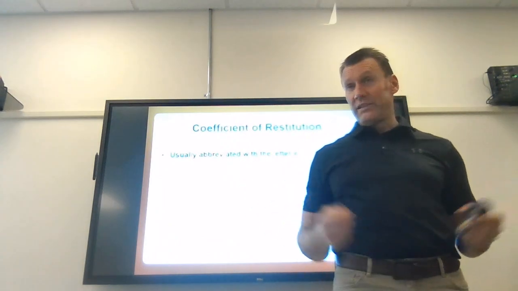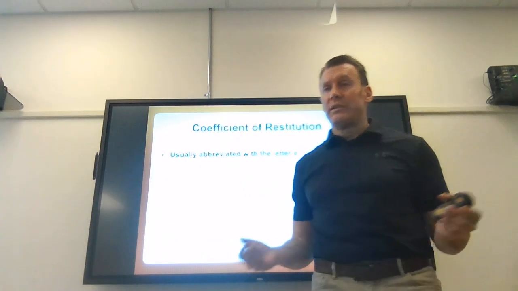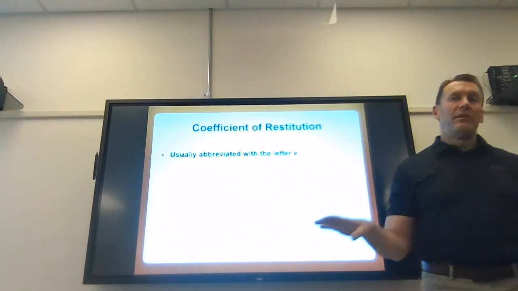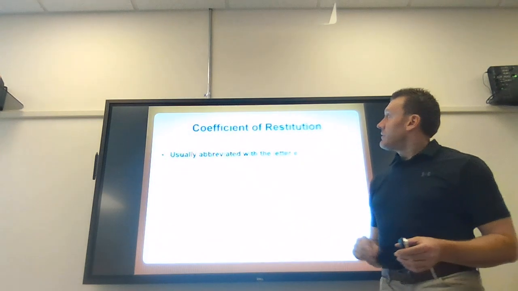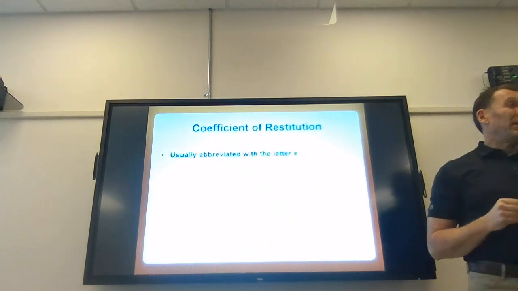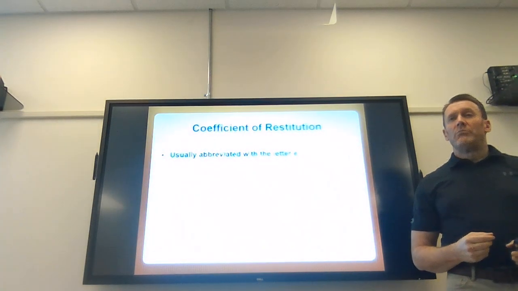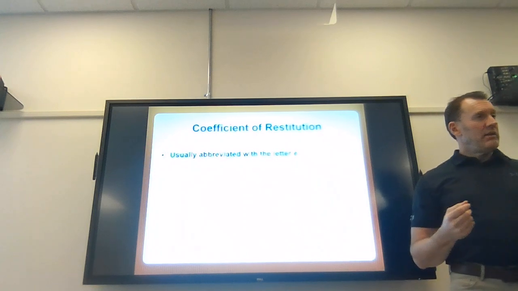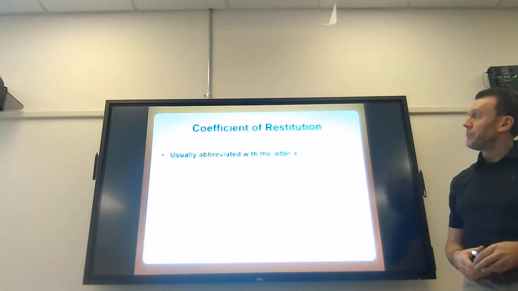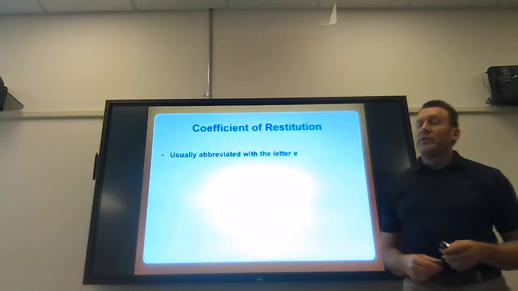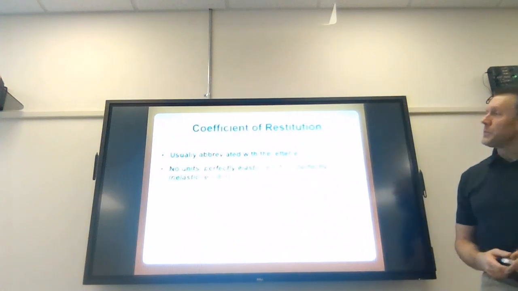So if it was perfect, it would bounce to the same height that I dropped it from, but there's some momentum that's lost in the collision with the ground. So restitution, or maybe recovery: how much recovery of momentum takes place after the collision relative to the momentum before the collision. It's usually abbreviated with the letter E, lowercase e.